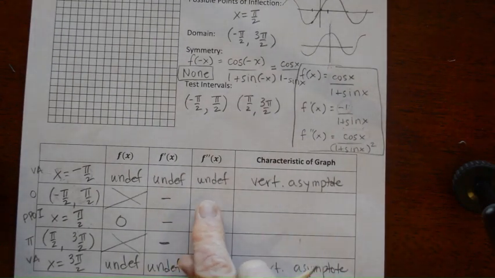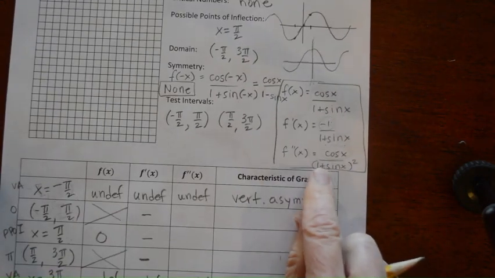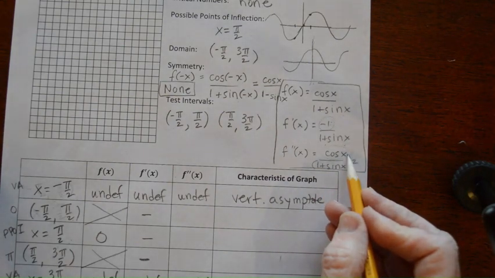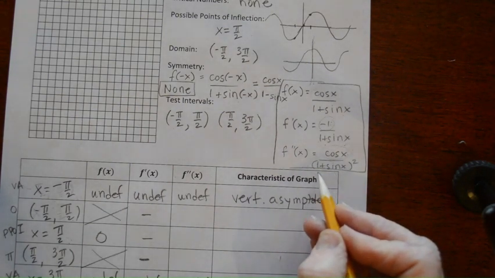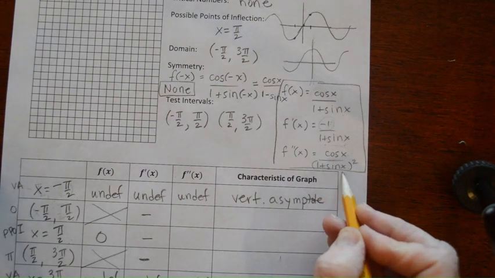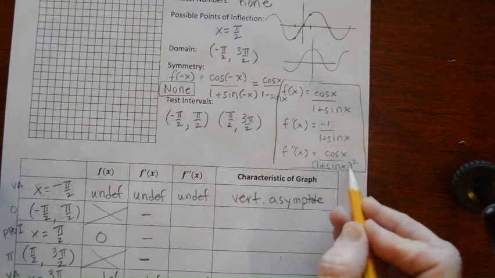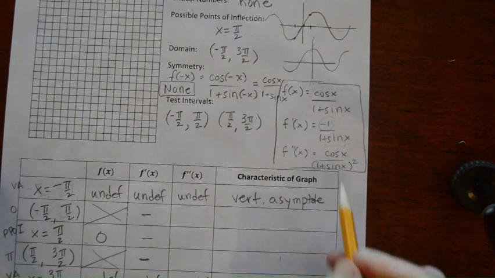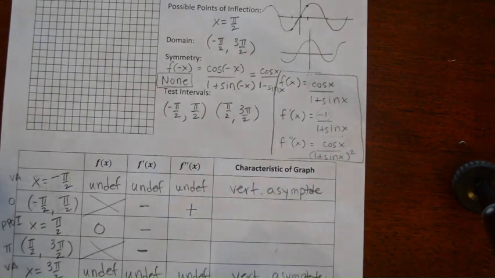And then let's do f double prime. All right, the second derivative, we're going to put our values in here. So here we've got cosine of 0, which is 1, over 1 plus sine of 0, and sine of 0 is 0, so 1 plus that is 1, so 1 over 1, this is positive.